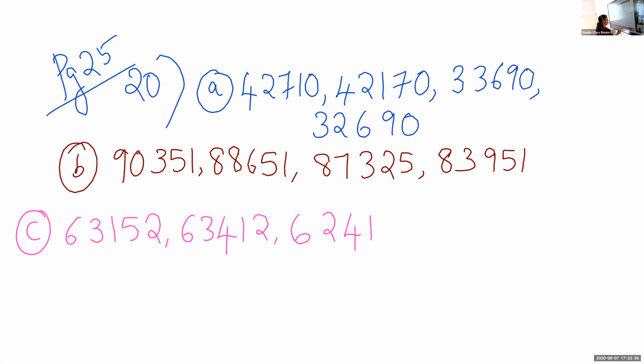That is the last number. I am writing only the third number. 62,415. You told that before, no? So when you arrange, you have to write the number here. 62,415. Then 62,413. Okay. I hope all of you got the correct answer. Decreasing number. That is what is meant by descending order.